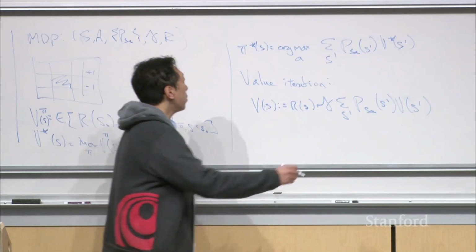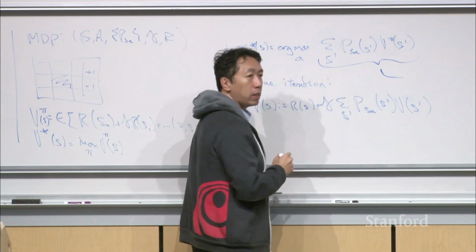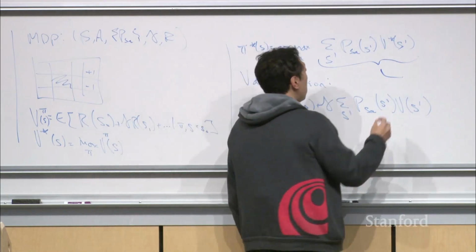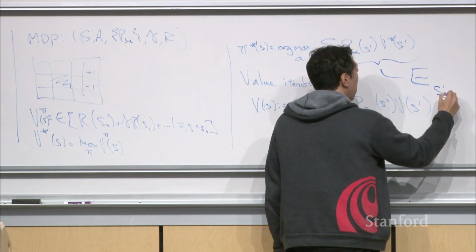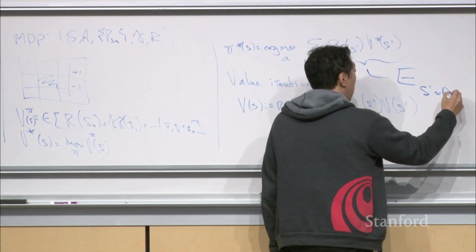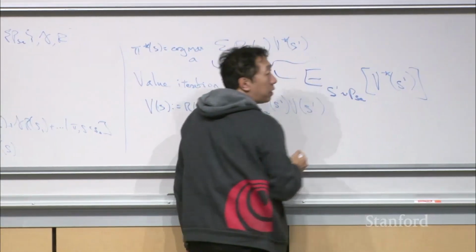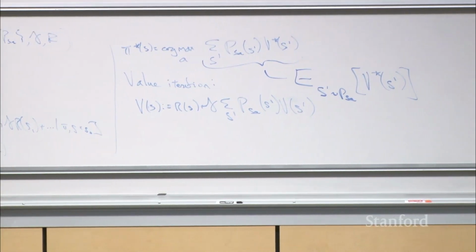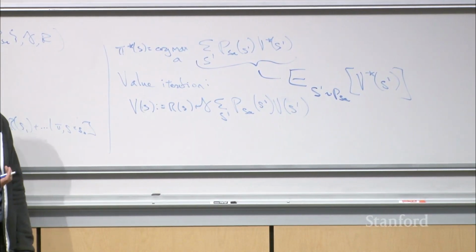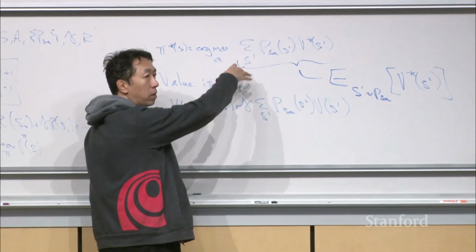One thing we'll come back to later is that an equivalent way of writing that formula is the expectation with respect to S prime drawn from P_SA of V star of S prime. We have been working with discrete state MDPs, like the 11-state MDP, so this is a sum over all the states S prime.